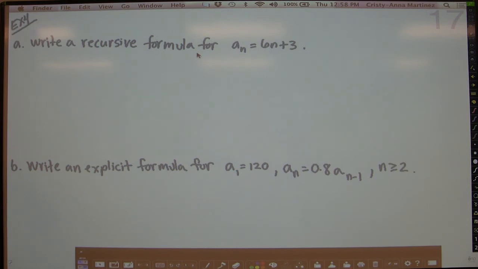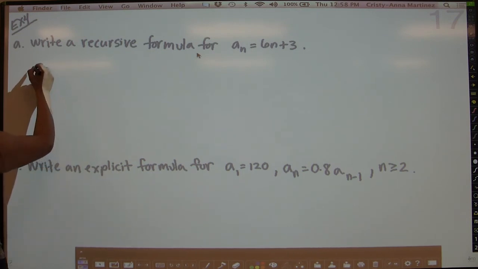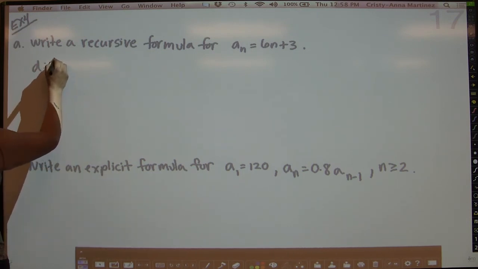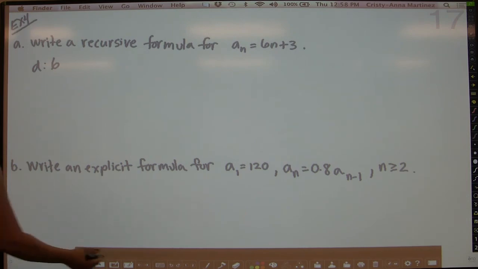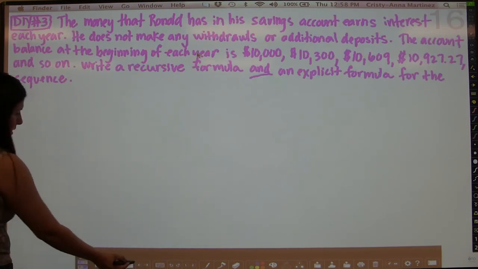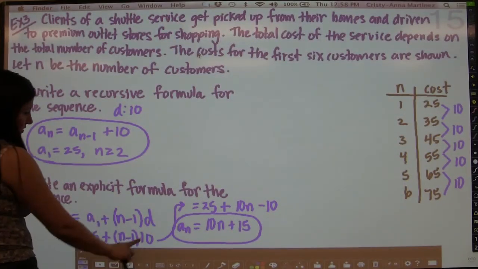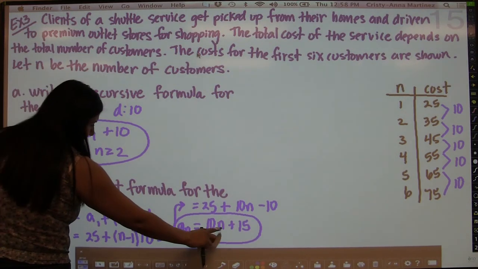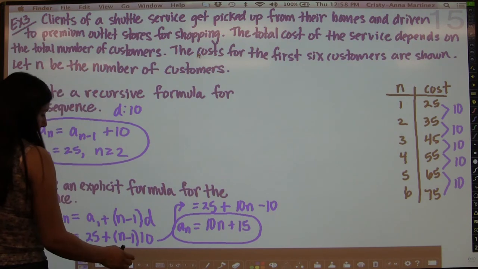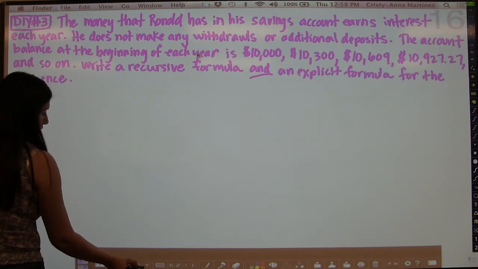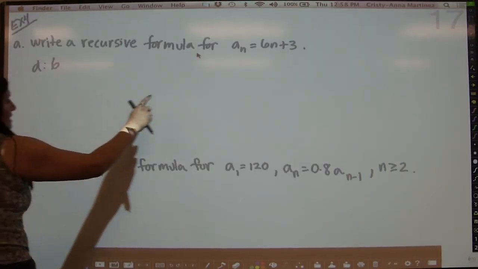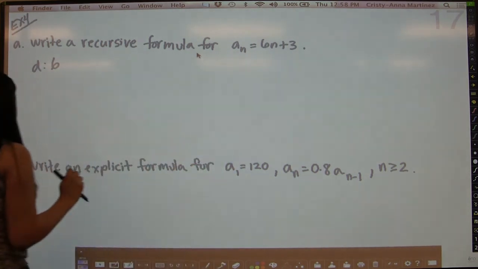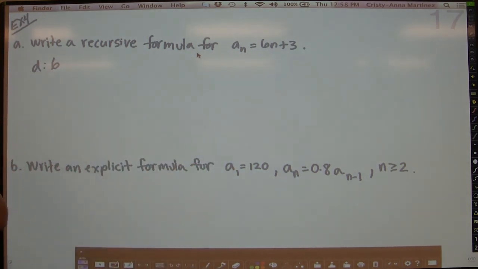Well, we know from this that the common difference is going to be 6, because even if you look at the previous problem, the d times the n, that was the common difference, like the 10n. So 10 is the common difference, right? So in the same way, for our problem at hand, because there's a 6 in front of the n, the common difference here is 6.